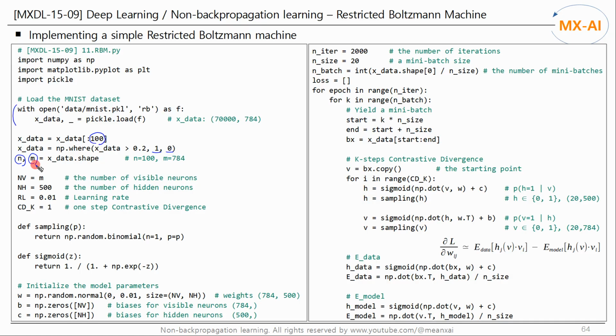The number of neurons in the hidden layer is set to 500. The learning rate is set to 0.01, and a one-step contrastive divergence algorithm is used. Write a function that samples hidden vectors h from the conditional probability p using NumPy's random binomial function.